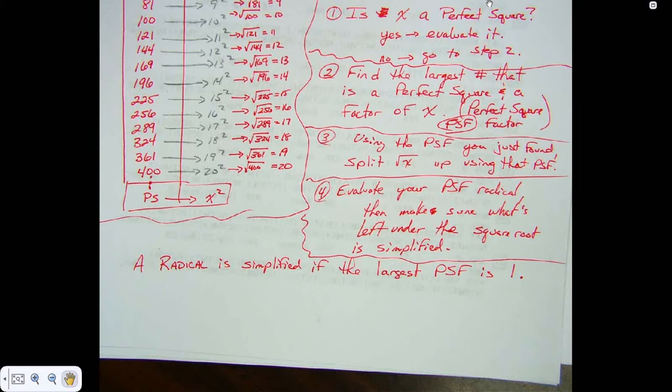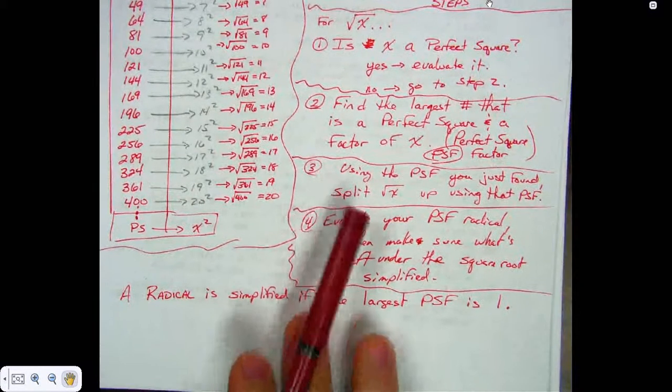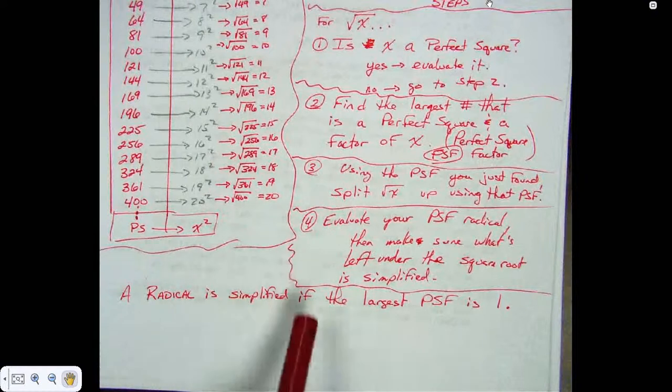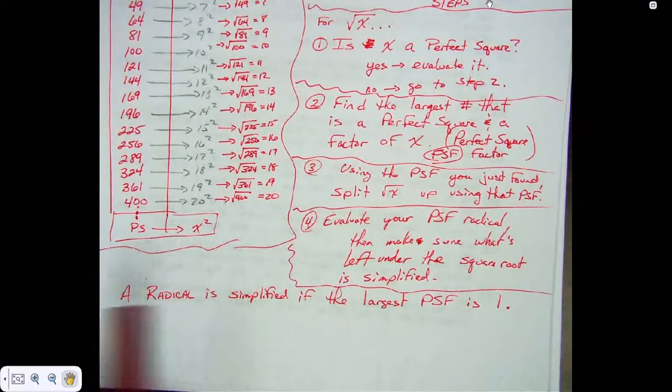Because if you split it up into square root of 1 times that, it's just going to get the same thing, because square root of 1 is 1. 1 times anything is the same thing, right? You'll get right back to where you started. And I don't expect these necessarily to just click right now until we kind of talk about them and do 3 or 4 problems with it. Okay?